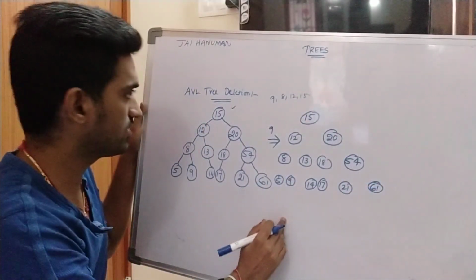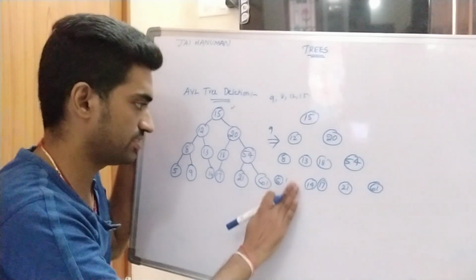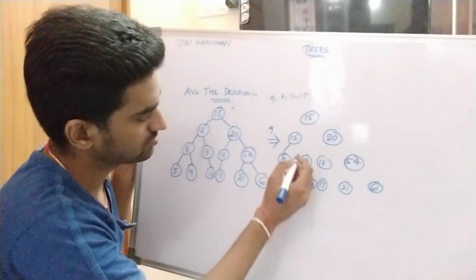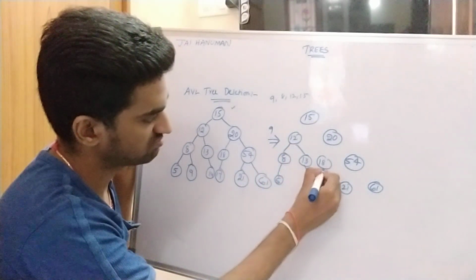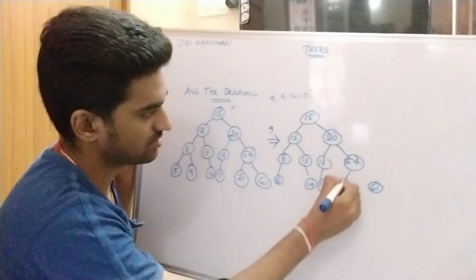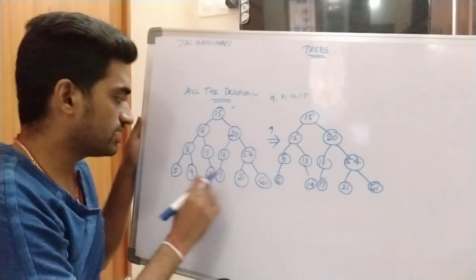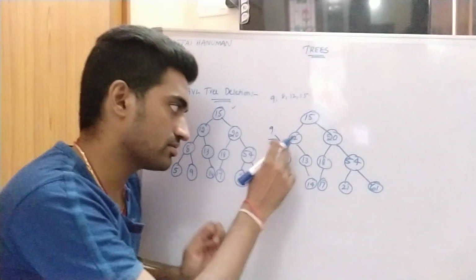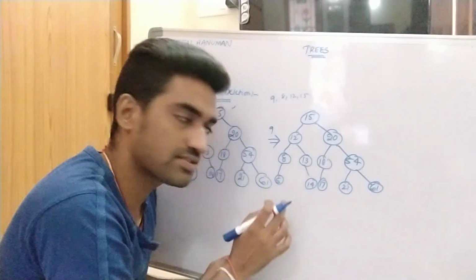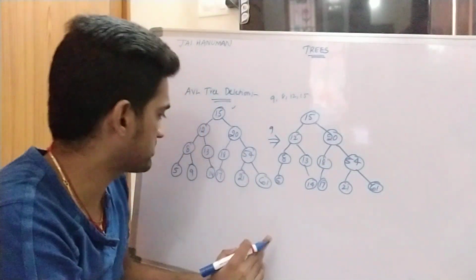So here I am deleting node 9 now. So node 9 has been deleted. Fine. After deleting node 9, we check whether the tree is a binary search tree or not. So this is a binary search tree, obviously, right?